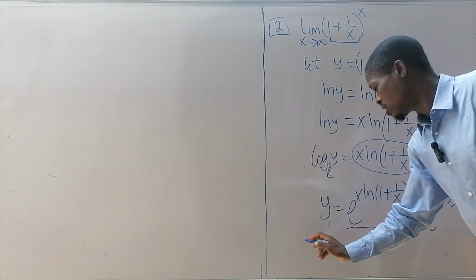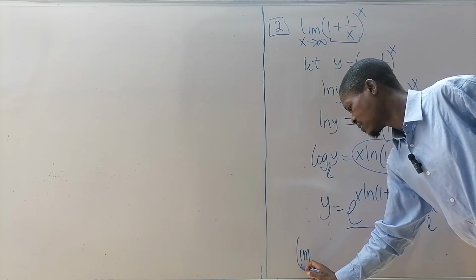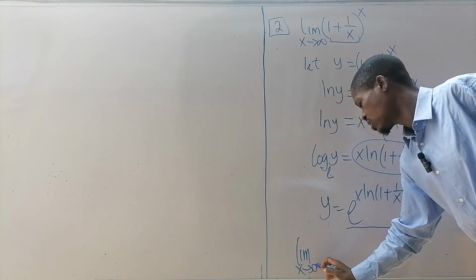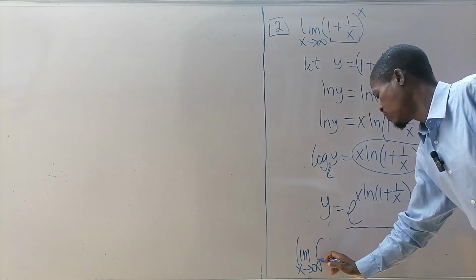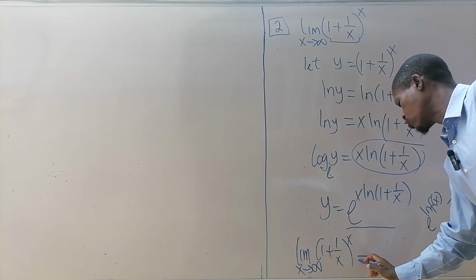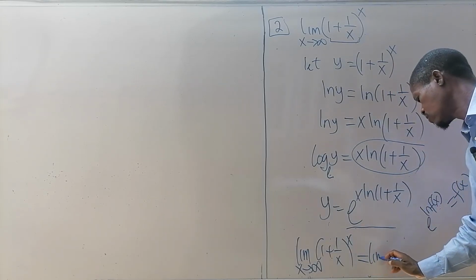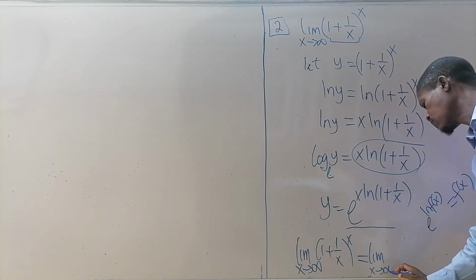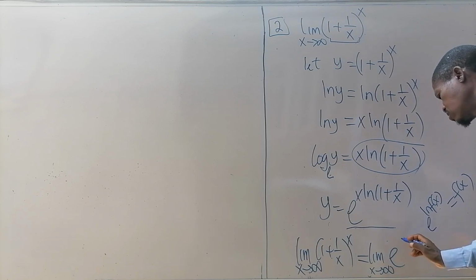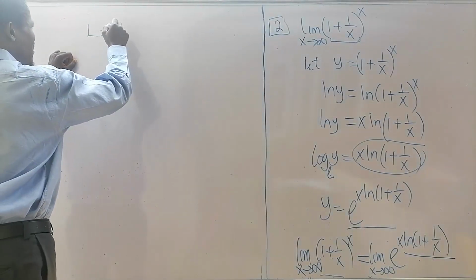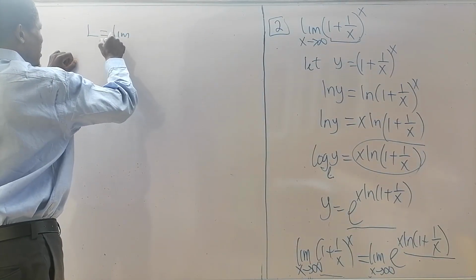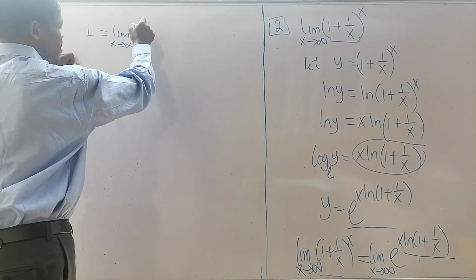We now have the limit as x tends to infinity of the given problem equal to the limit as x tends to infinity of this. So let's have L as the limit as x tends to infinity of this.